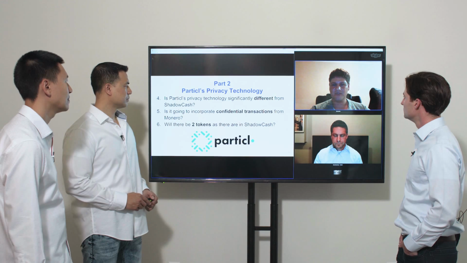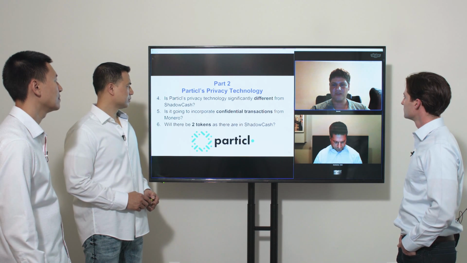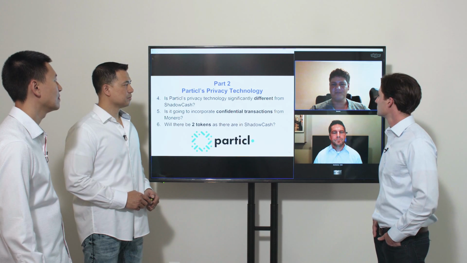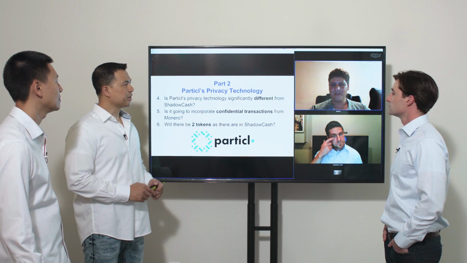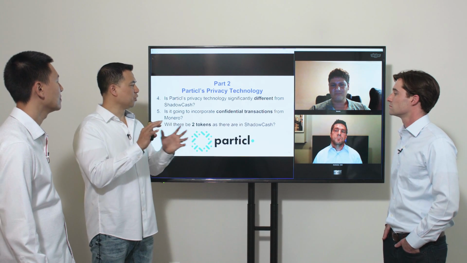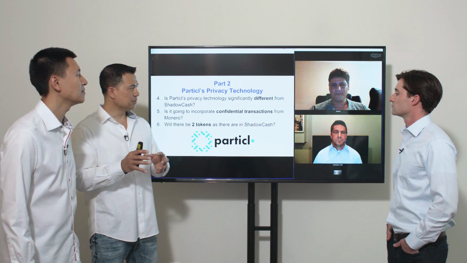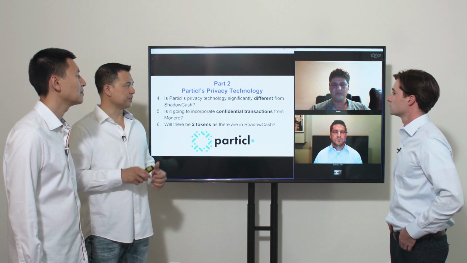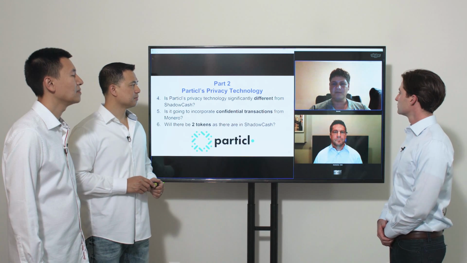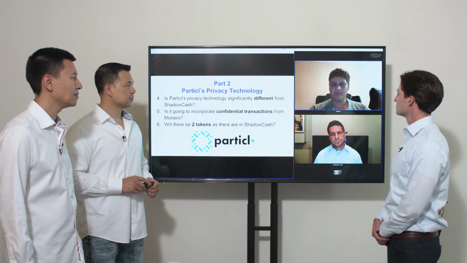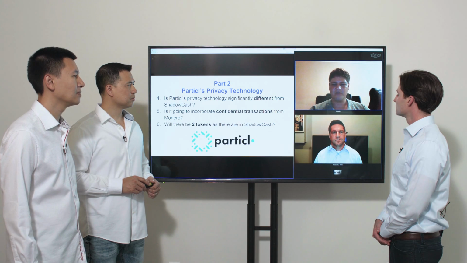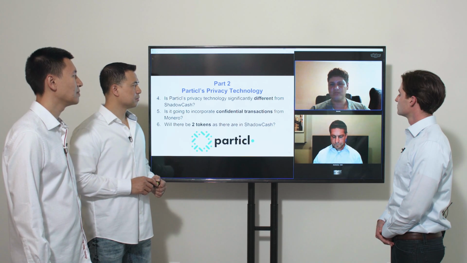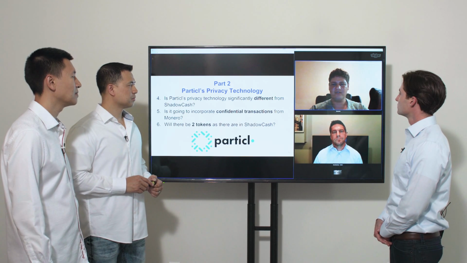So you'll be able to do that with ring signatures or without them, in normal Bitcoin type transactions. Okay, so will you guys still be using the two token system in Particl, like that was used in Shadow Cash, or are you going to move to a different system? Yes, we're still going to have a private balance and a public balance. It's still going to have the same sort of mechanism: your private pool of coins and then the public.